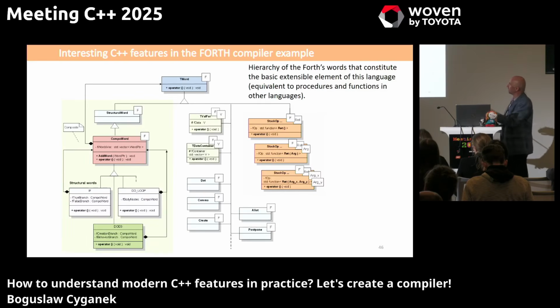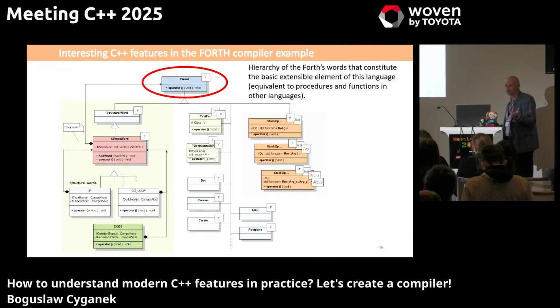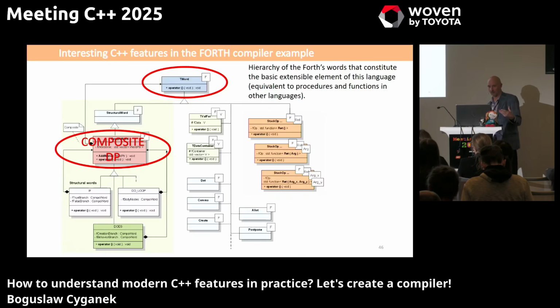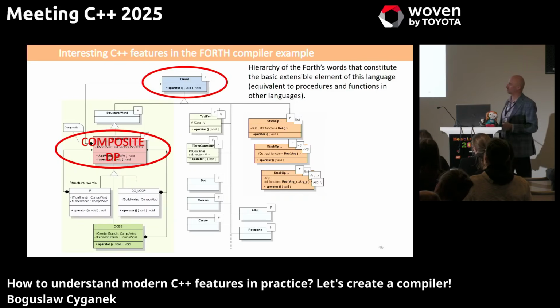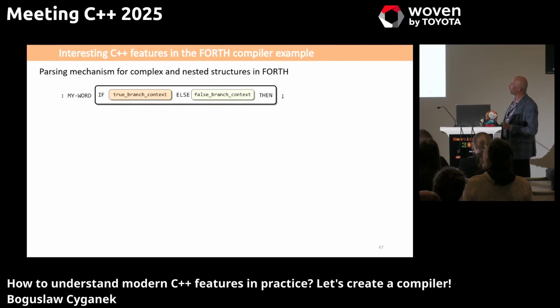The hierarchy of words, this part on the right side, is bigger, but only because we have many words. I was adding new words inside. But the key issue is we have the base word, which is an abstract class, and for all composite structures, for all statements like if, else, then, like do, begin, end, we use this composite. So this is a hierarchical structure. How does it work with such hierarchical structures of statements? If we have something like my word and it has if, then the true branch, then else, then the false branch, and then.